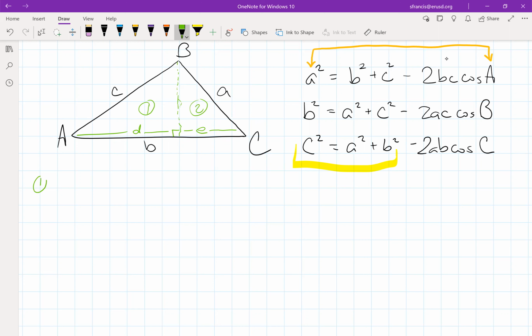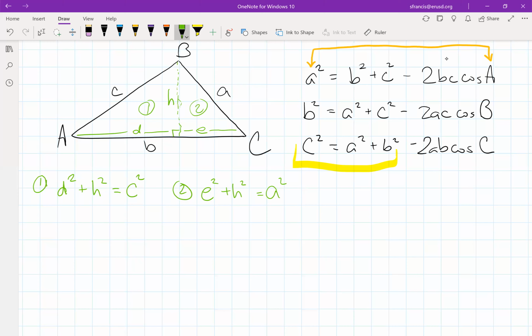So for number one, we're going to have d squared plus, let's call the height here h, since it is a height, h squared. D squared plus h squared is going to have to be equal to c squared from triangle 1. Now from triangle 2, we're going to have e squared plus h squared equal to a squared.